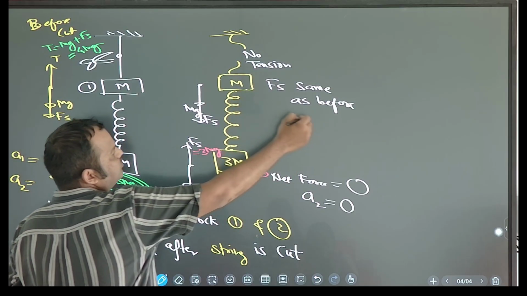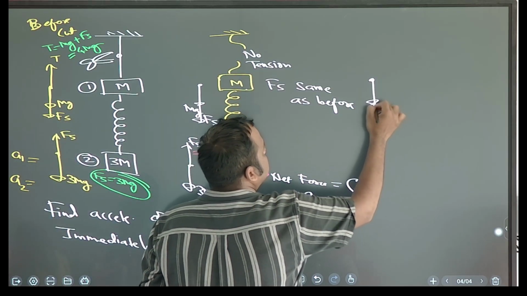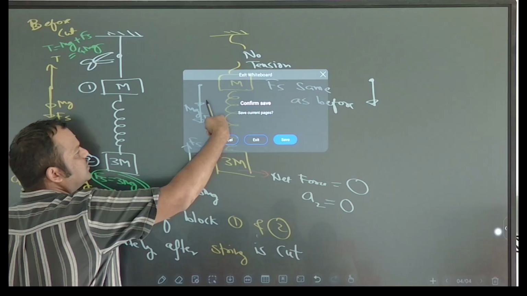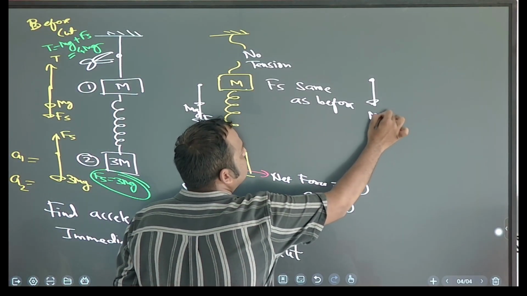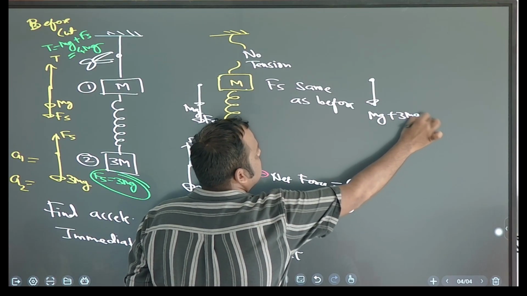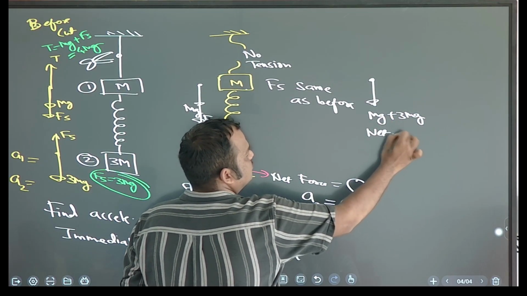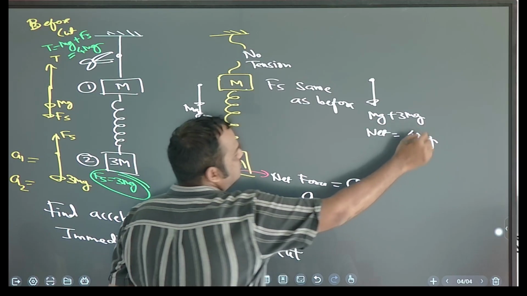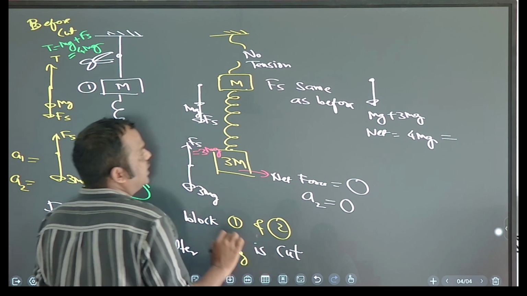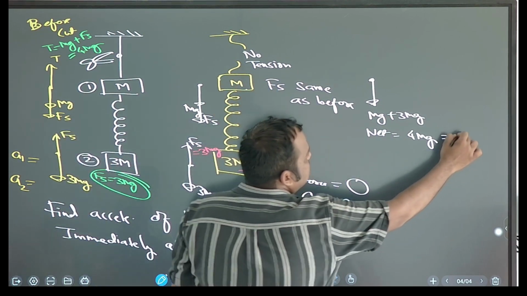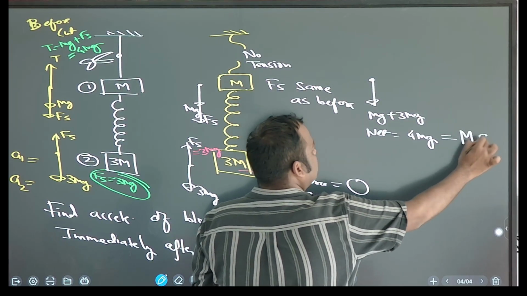For this other block, what is the net downward force? mg plus 3 mg. So what is the net force? 4 mg. Now 4 mg net force is equal to mass into acceleration. Mass is m, acceleration a1.